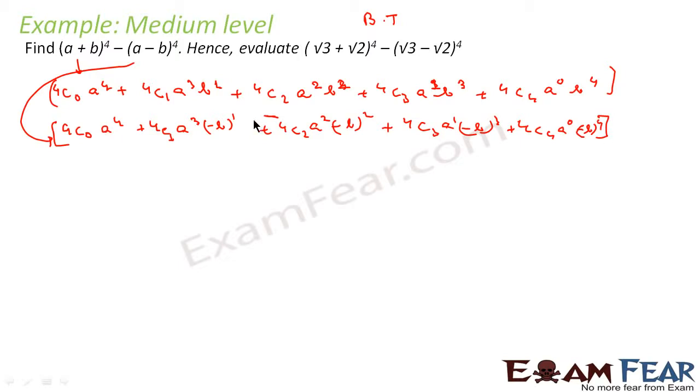For all the even powers, that will become positive, and all odd powers become negative. So (minus b) to the power 1 becomes minus b.